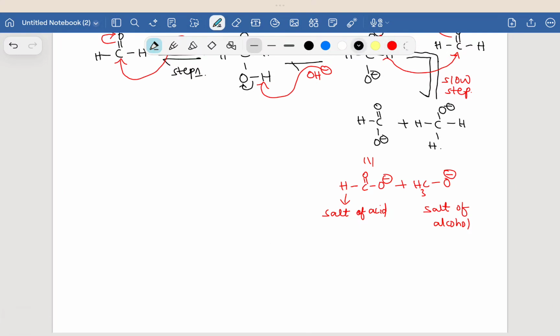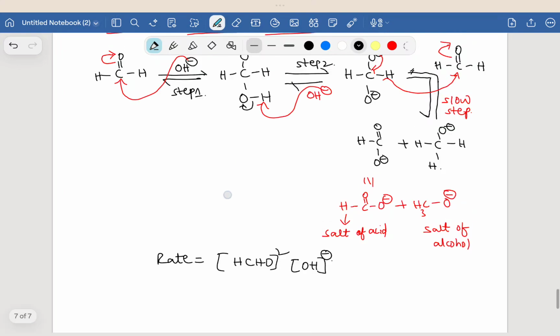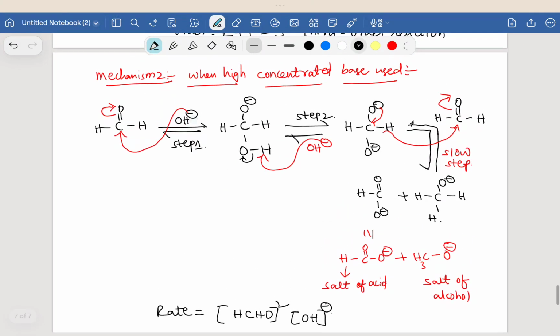Now, what is the rate of this reaction? The rate depends on two aldehydes, HCHO, and two bases, because it is a strong base. Here we are using it, it is participating, and here also it is participating.